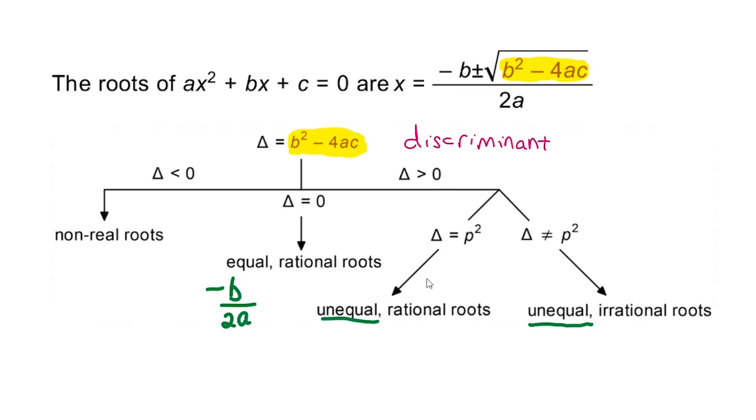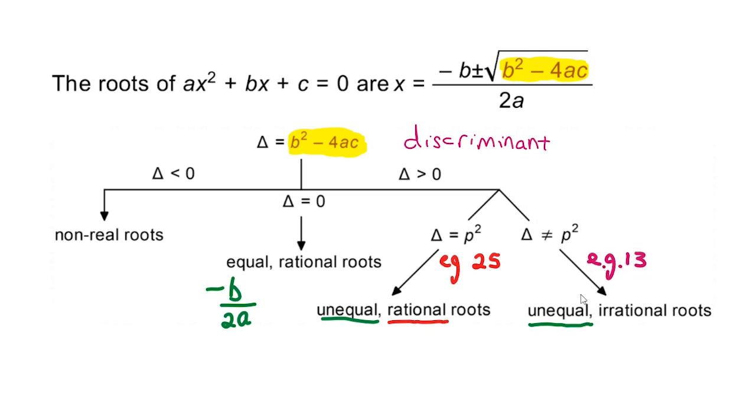However, if delta is bigger than 0 and a perfect square, for example, 25 square roots nicely, and our roots would be written as a ratio of two whole numbers. They would be rational roots. However, suppose delta was something like 13. 13 does not square root nicely.